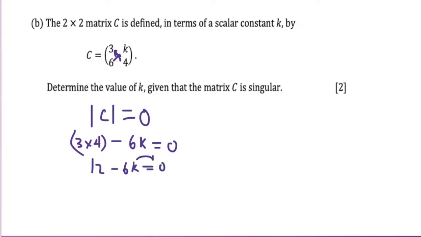I'm going to carry over the 6k. So I have 12 equals 6k, which is the same thing as saying 6k equals 12, and then divide both sides by 6. So k is equal to 2.